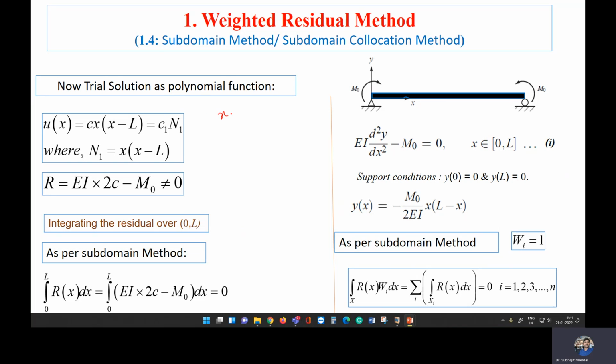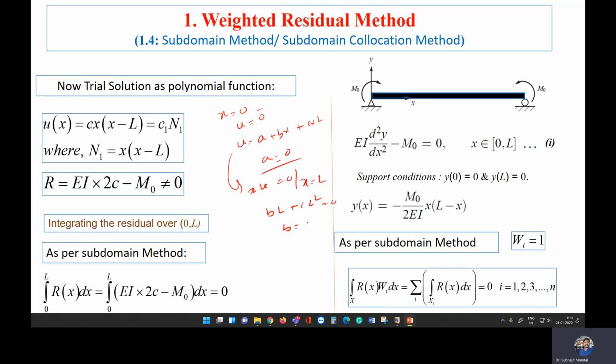Now, what happens if we put x is equal to 0? Our trial function value also will be 0. So u is equal to a plus bx plus cx square, and our value of a will be 0. Now, if we make u equal to 0 at x is equal to L, we get bL plus cL square is equal to 0.